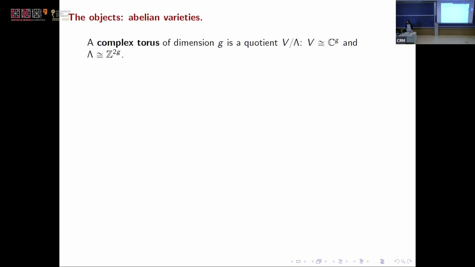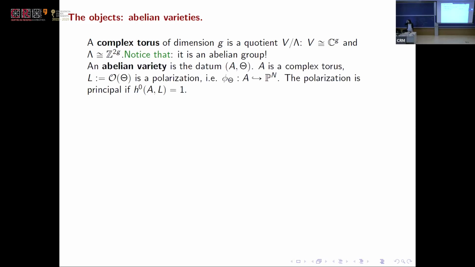The point is that it is nice as a complex variety because it inherits the structure of a group from C to the power g. So we can sum points on the Jacobian, on the abelian variety. A complex torus is an abelian variety when it is projective. There are different descriptions of a polarization on an abelian variety.